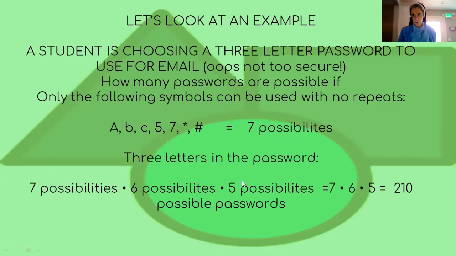So to make my combination for passwords, I have 7 times 6 times 5, which is 210 possible passwords I can make up from these 7 possible symbols here. That's the multiplication principle. They're not individual events, but all of these are one event. The whole event is to make a password. And when I'm working with one event, then I multiply to find out how many combinations I can make, putting all of these symbols together as one event.